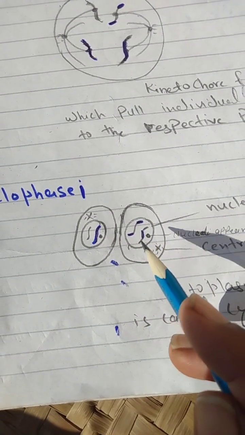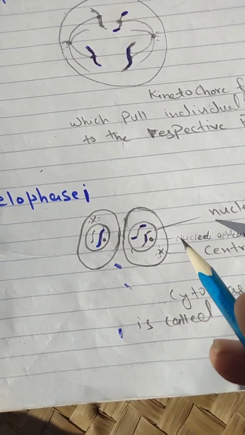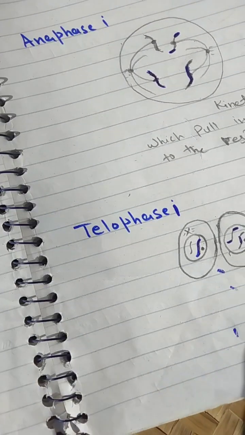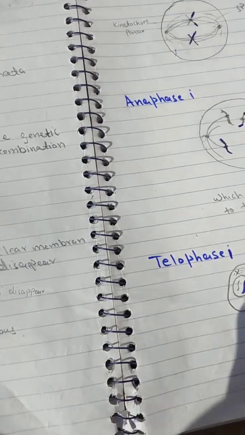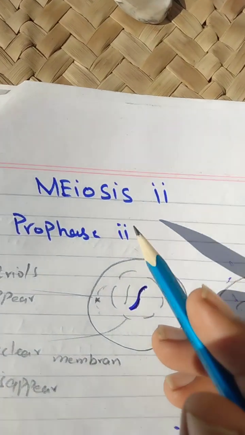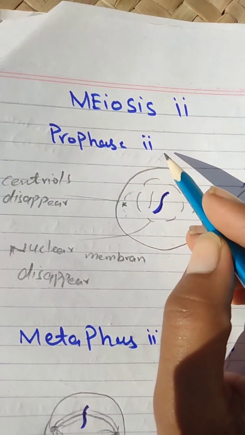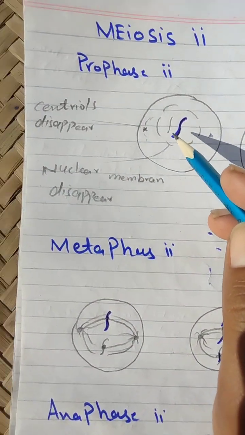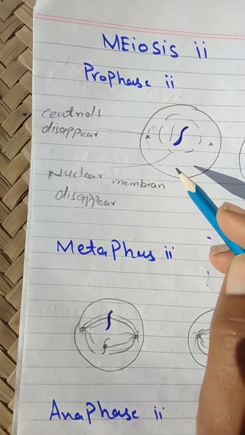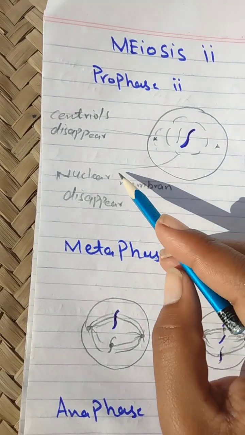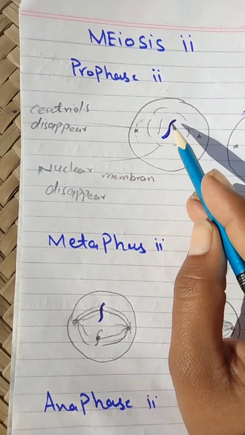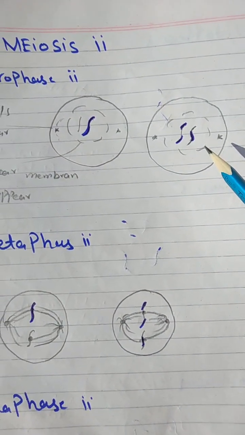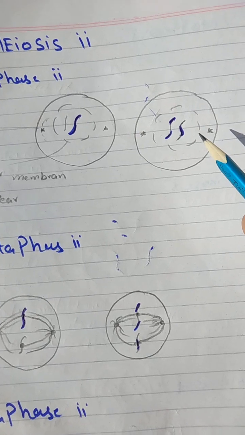This cell needs more division to become four haploid cells. So in meiosis 2, more division takes place. In prophase 2, the centrioles again disappear and the nuclear membrane disappears, because the cell prepares itself for division.